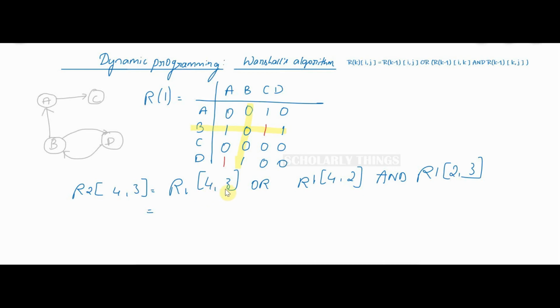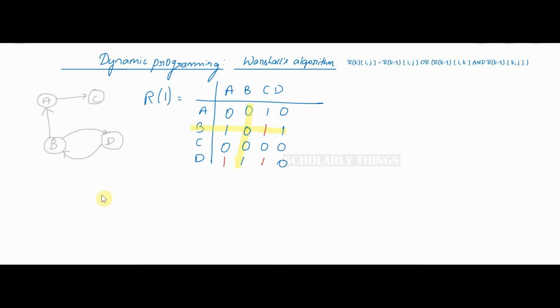R1 of 4 comma 3 is 0 or R1 of 4 comma 2 is 1 and R1 of 2 comma 3 is also 1. 0 or 1 and 1 is 1. 0 or 1 is 1. In the matrix R2, we can make 4 comma 3 as 1.